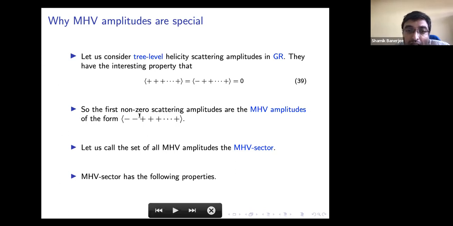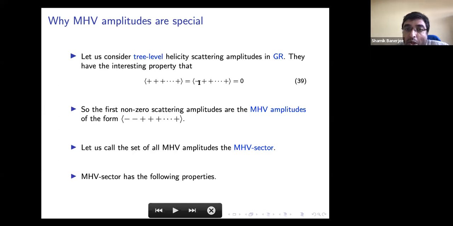So we start with amplitudes of this form, where I have two negative helicity gravitons and n positive helicity gravitons.